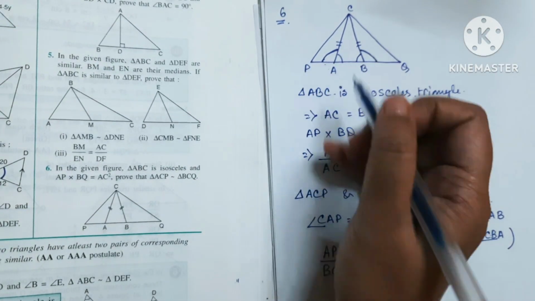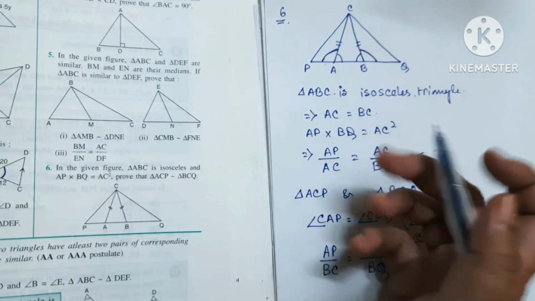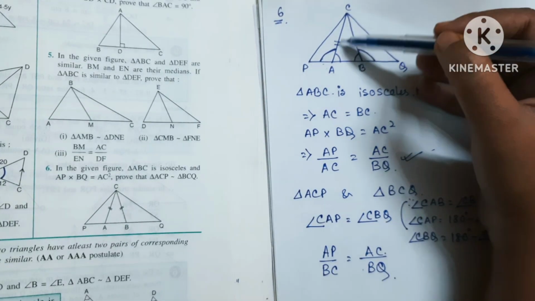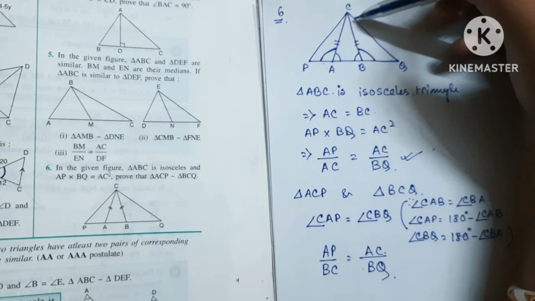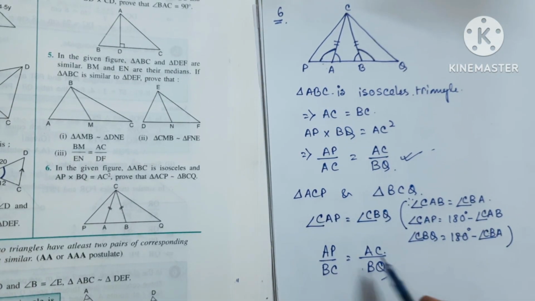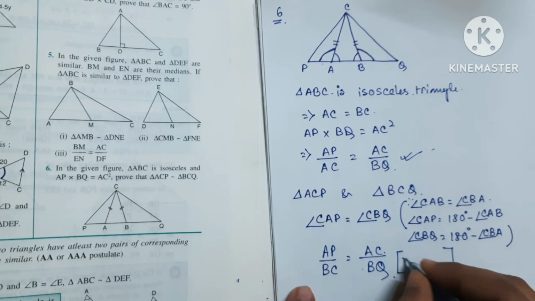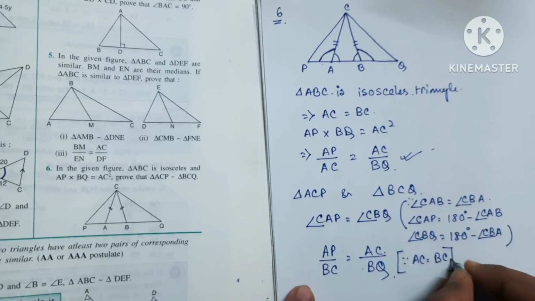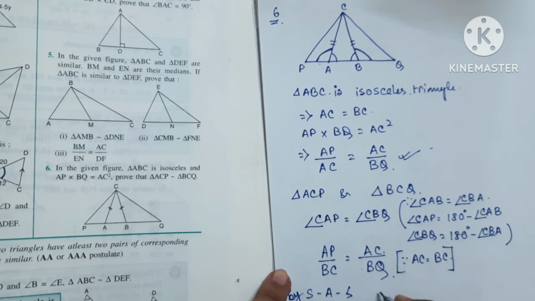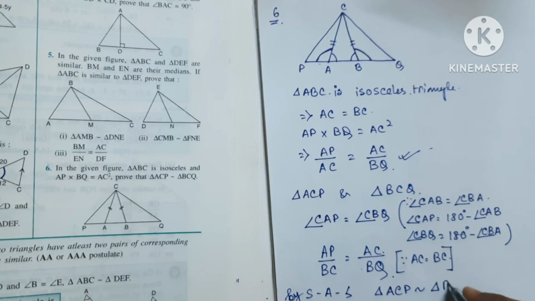So that means AP by BC, one side of this triangle by one side of this triangle, is equal to AC, one side of this triangle by another side of this triangle. They are equal. Since AC equals BC, from SAS you can easily say that ACP is similar to BCQ.